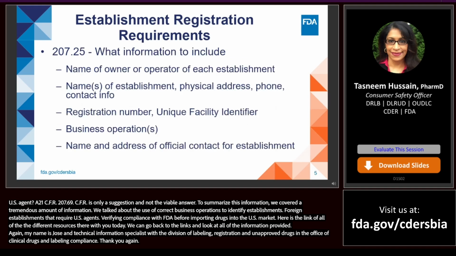207.25 has what information must be submitted. It includes identifying information such as the name of the owner or operator of each establishment, the name of the establishment, the address, phone number, contact information, registration information, the unique facility identifier, the business operations, names and address of official contact for the establishment.